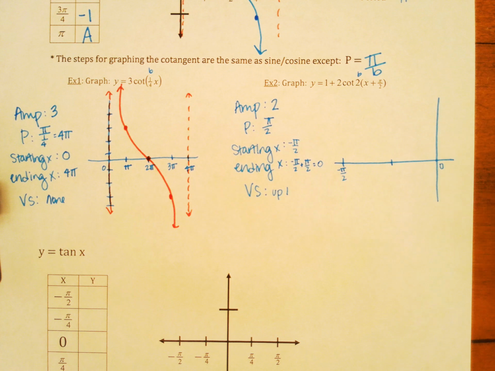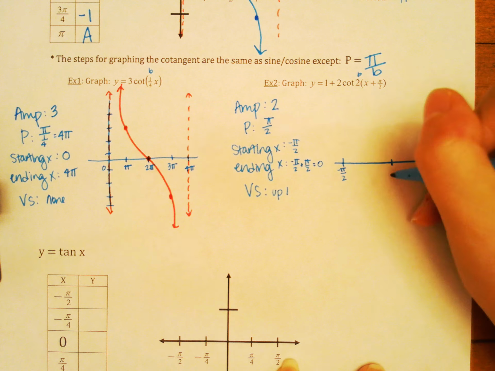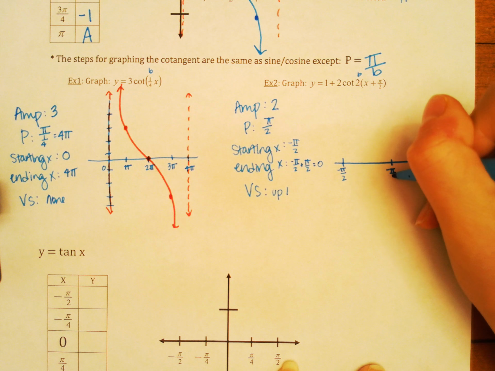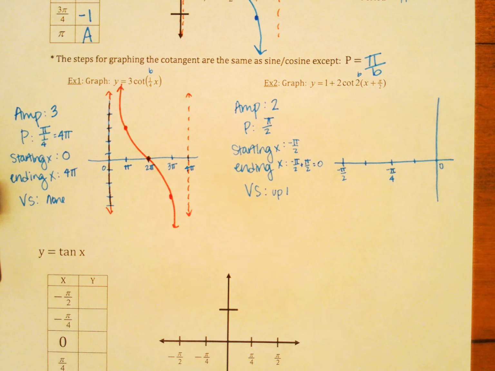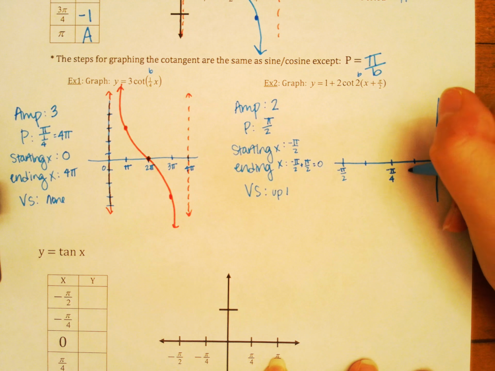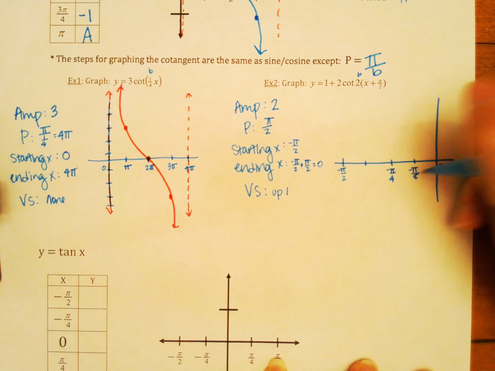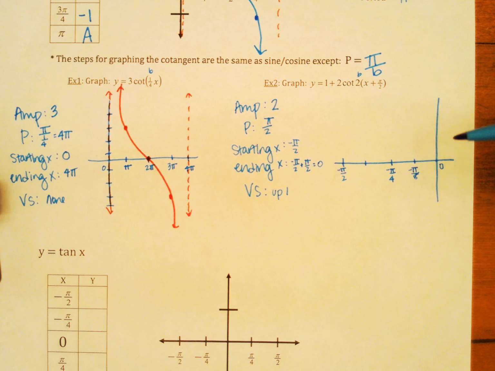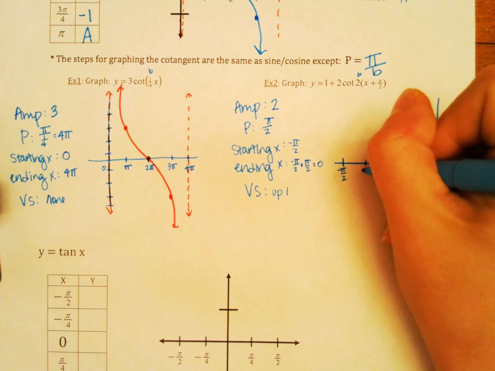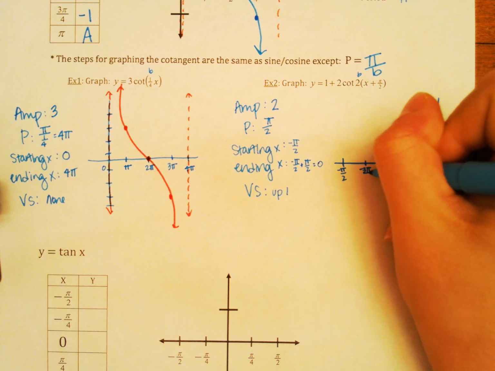Okay, so negative pi over 2 plus 0 is negative pi over 2, divided by 2 is negative pi over 4. I'll do this one first because that one's easier. Negative pi over 4 plus 0 is negative pi over 4, divided by 2 is going to be negative pi over 8. Negative pi over 2, which is negative 2 pi over 4, plus negative pi over 4 is going to be negative 3 pi over 4, divided by 2 is going to be negative 3 pi over 8.